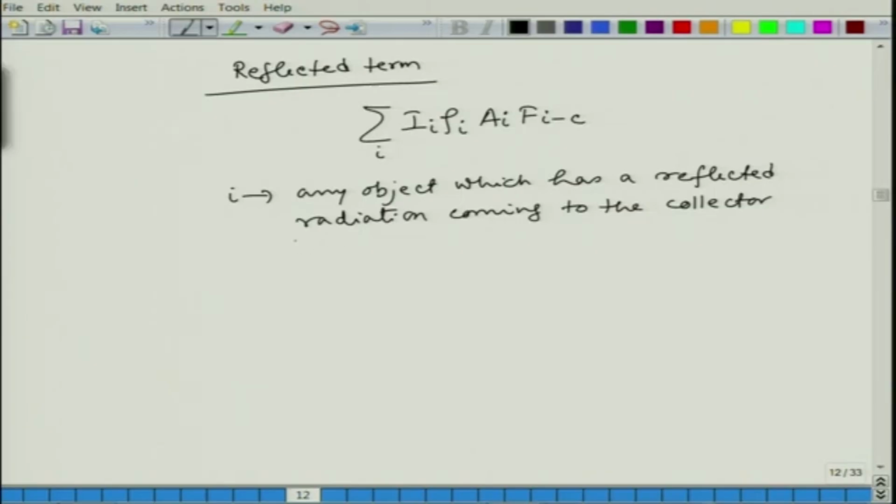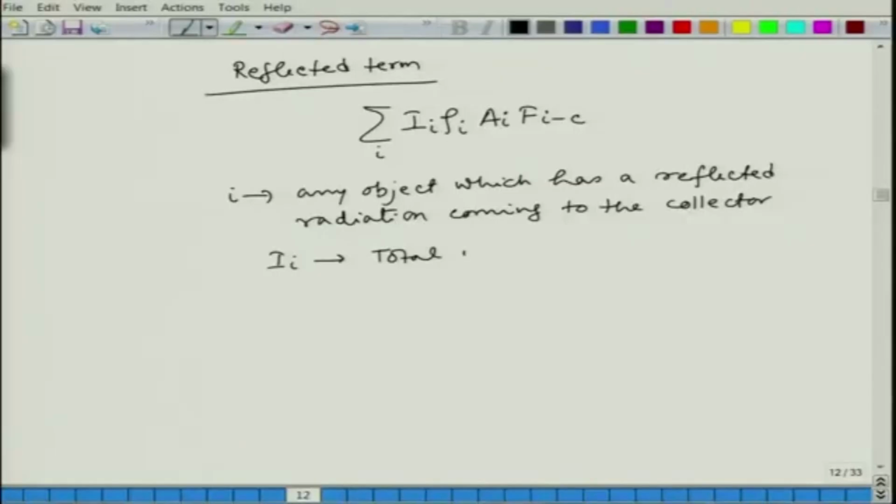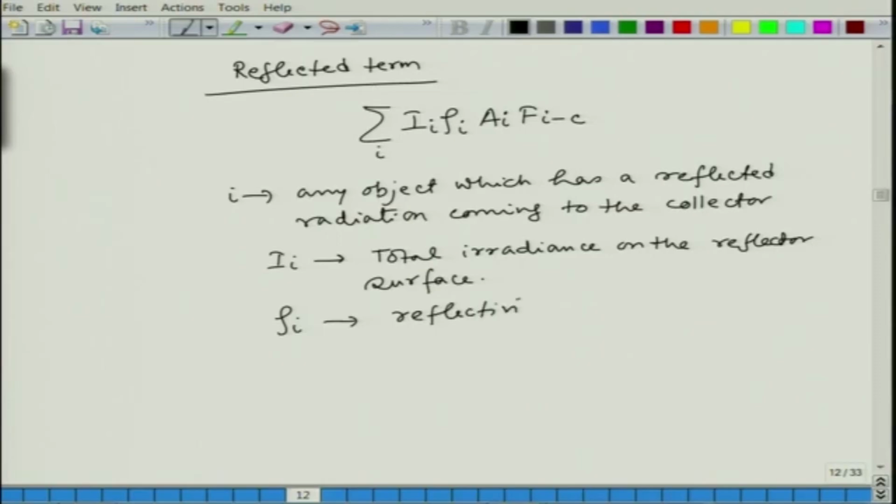Now, this II is the total intensity on that reflector surface. Okay. Total irradiance on the reflector surface. Okay. And rho I is the reflectivity of that surface. Okay. AI is the area, and FIC is again the view factor. Okay.